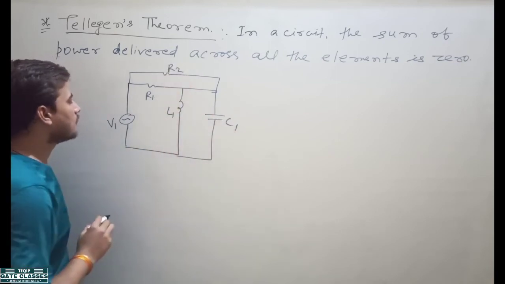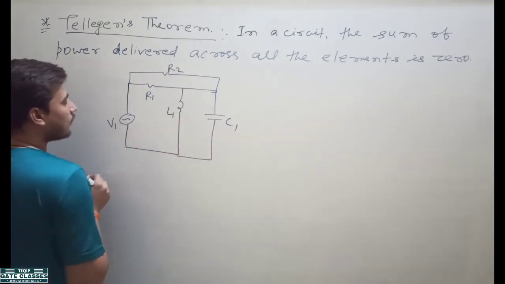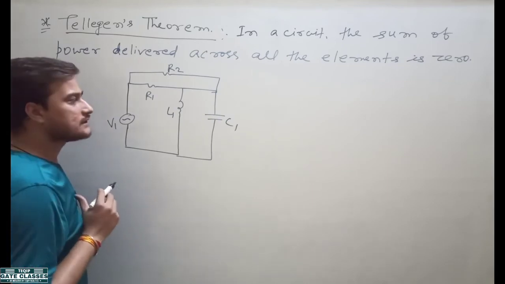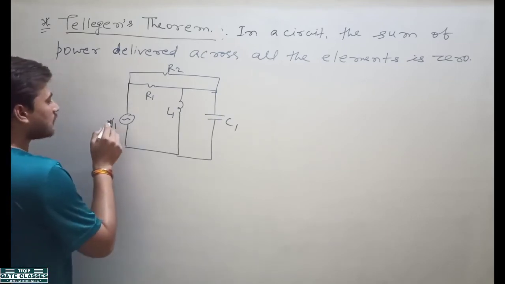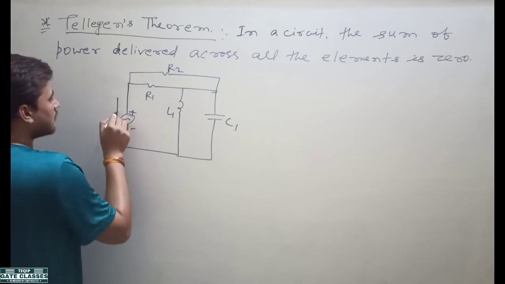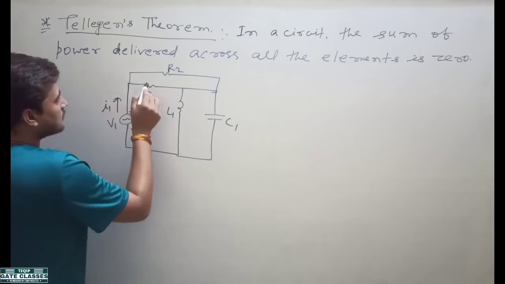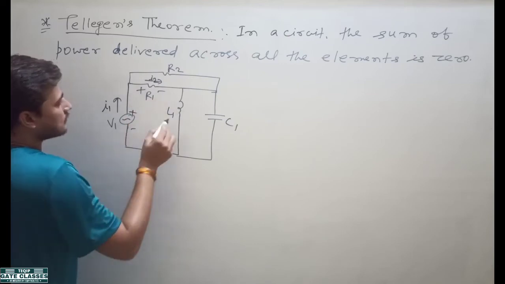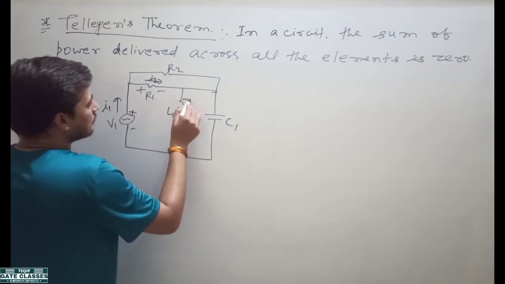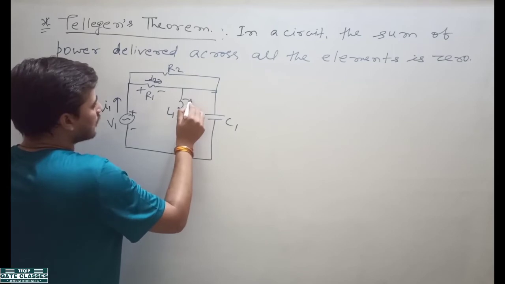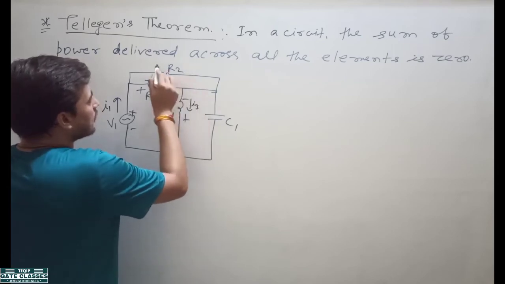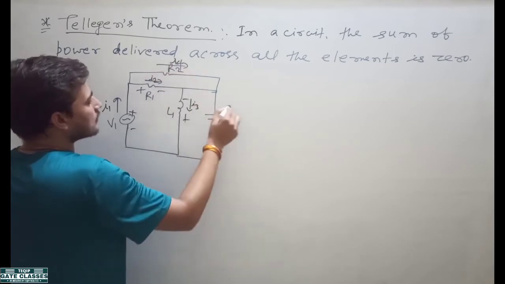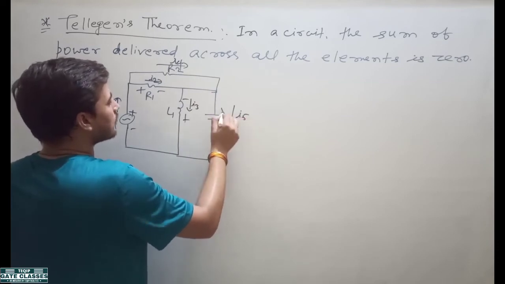Clear? There will be some voltages and some currents across all the elements. Suppose here this is V1, plus minus, here the current is I1. Similarly here the current will be I2, here plus minus. Suppose here the voltage is minus plus and the current is I3. Here the current will be I4, here the current will be I5 and the voltage will be V5.